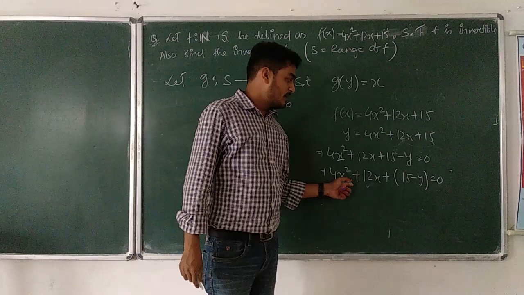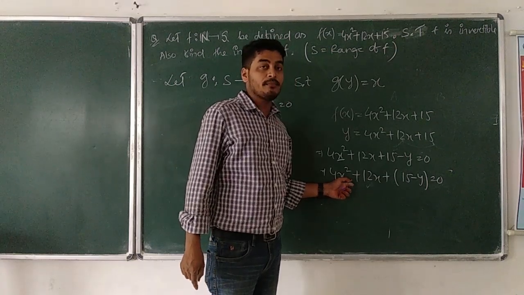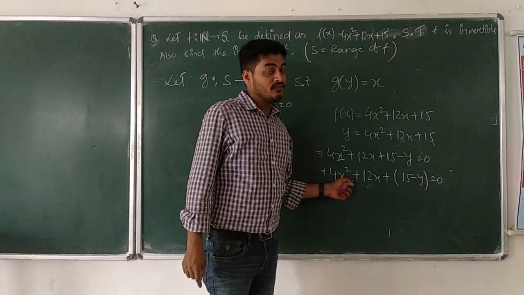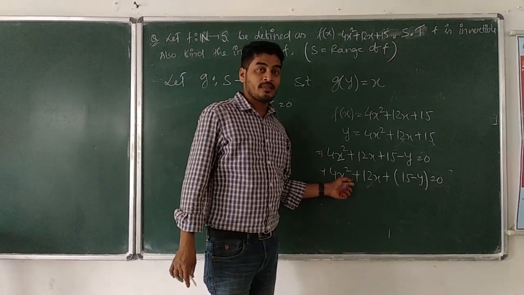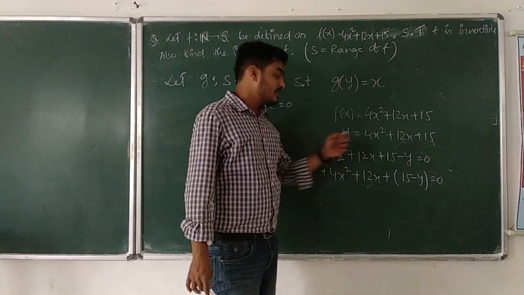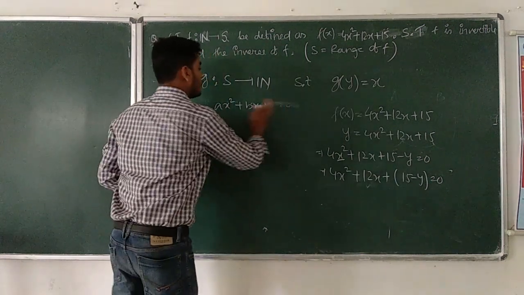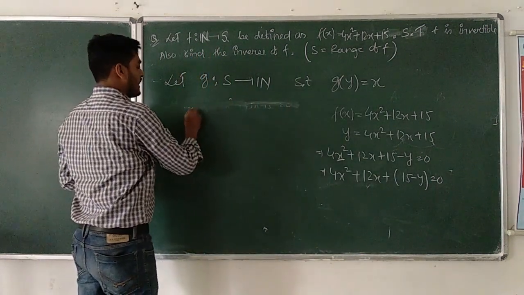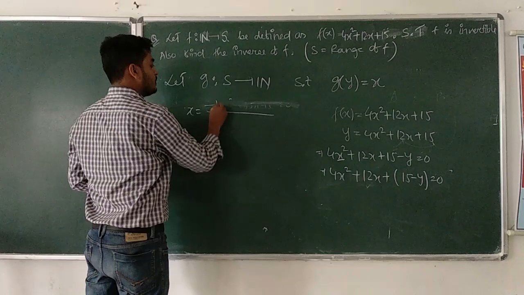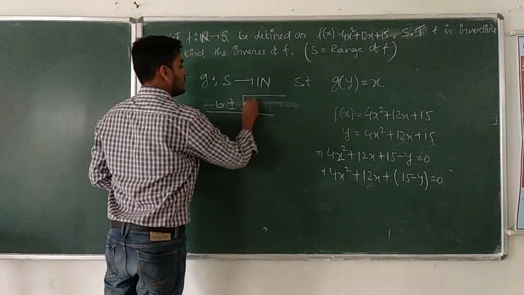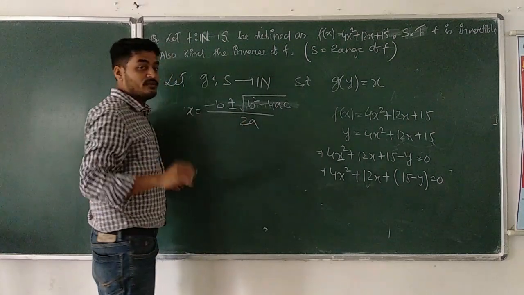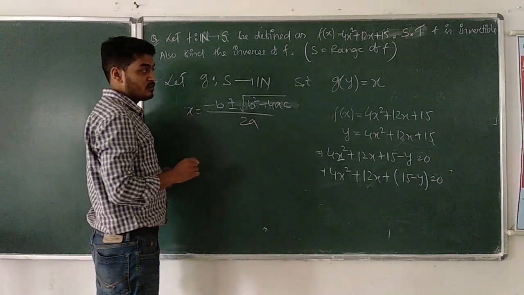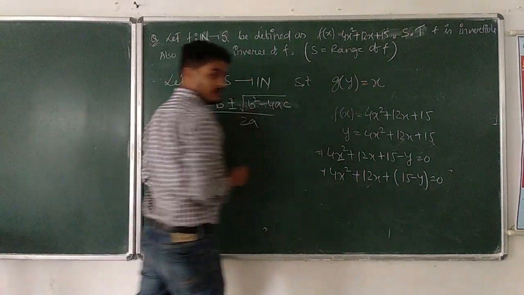To solve, that is to find the value of x, either we apply the middle term splitting method, or if that is not possible, we apply the quadratic formula. So here in this case we are going to apply the quadratic formula. What is the standard quadratic formula? x is equal to minus b plus minus square root of b squared minus 4ac, divided by 2a. Anyhow you want to find the value of x.